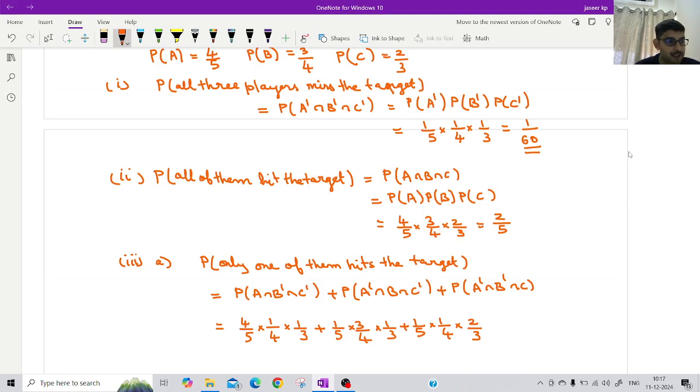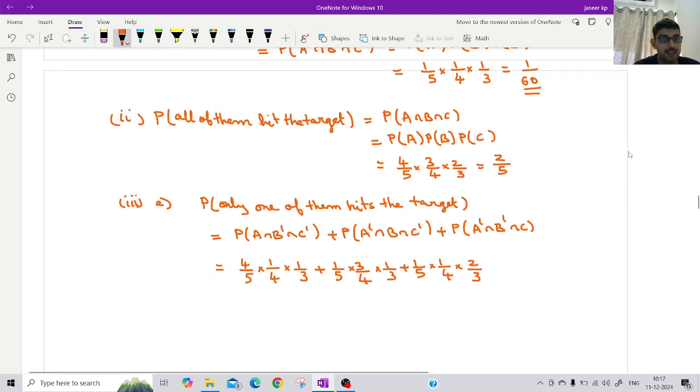Now if you simplify the values, the answer will come as 3 by 20. So the answer is coming as 3 by 20 for this A part.